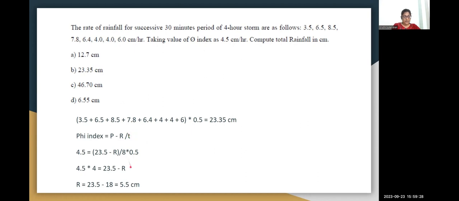Bringing the terms to the left hand side and right hand side accordingly, you will find that 23.5 minus 4.5 into 4 will give you 5.5 centimeters. So that is going to be the runoff that is occurring. This is how the problems will come when it comes to phi index as well as W index.